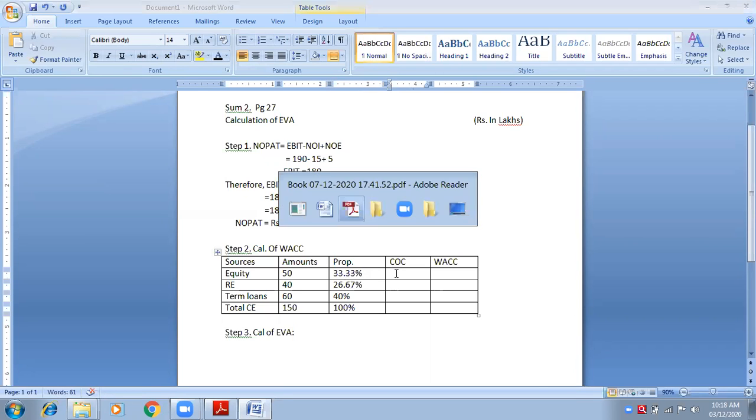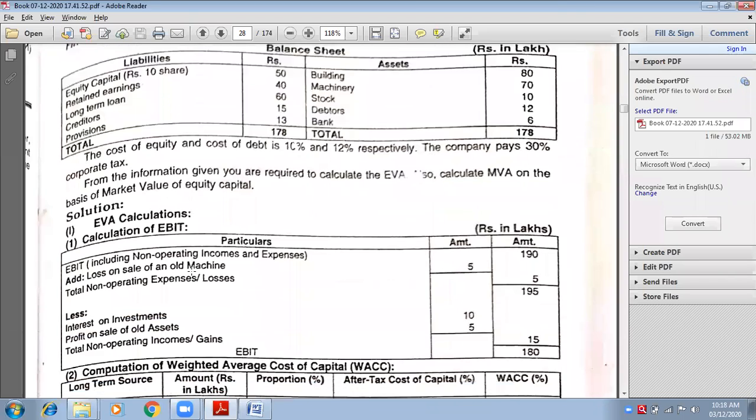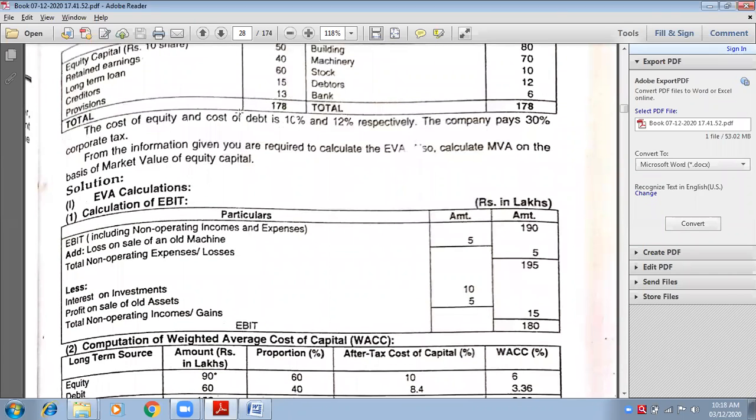Okay. Now COC. It is given in the next line: the cost of equity and the cost of debt is 10% and 12% respectively. The company pays 30% corporate tax. Always remember KE is 10%, but KD is 12, and tax rate is also given, 30%.